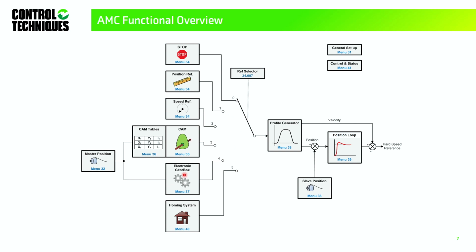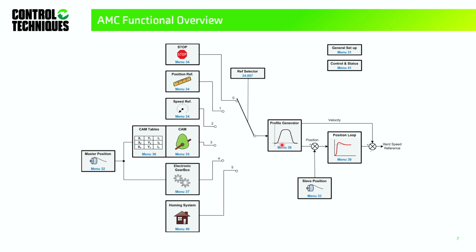And then finally, if I want to home the system, I'll choose my home type using menu 40. My home speed is also in menu 40. My home acceleration and deceleration are here in menu 38.